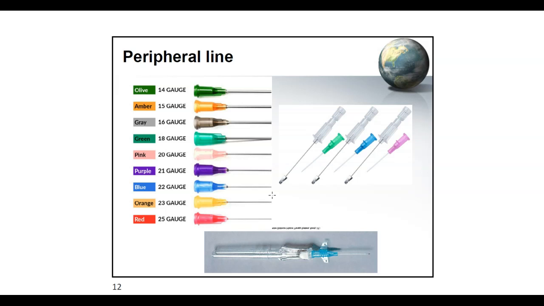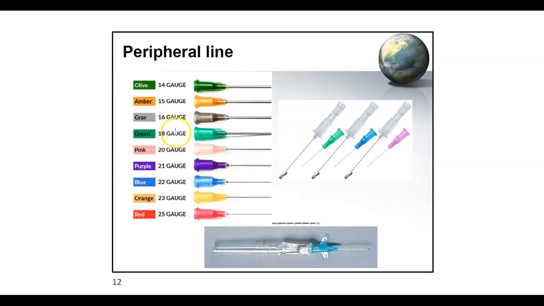So the common ones that you will see in the hospital setting, I rarely see the 16 gauge, but commonly you'll see an 18 gauge, 20 gauge. You will see 22 gauge, and there are facilities that have 25 gauge and 23 gauge. But again, usually what you will see in the regular floors, med-surg floors, you often see 22 and 20.